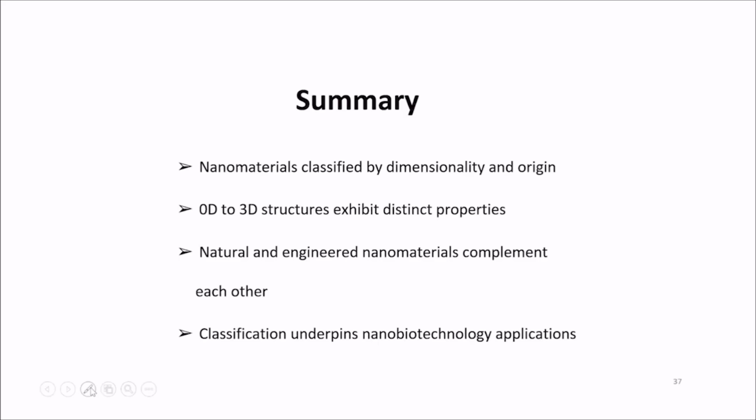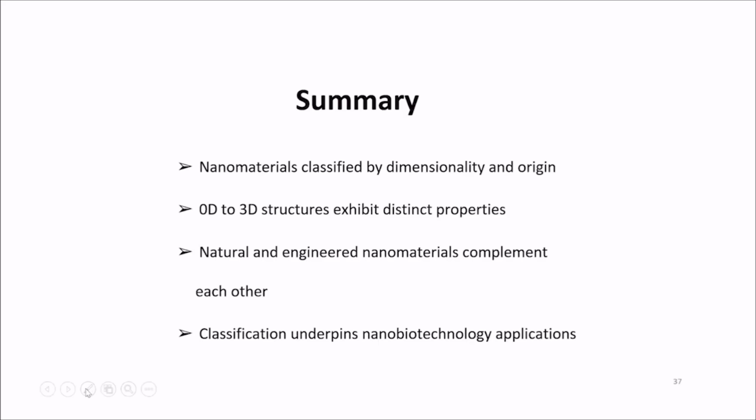As nanotechnology advances towards intelligent systems, theranostics, micro-nanorobotics and sustainable technologies, understanding nanomaterial classification becomes very essential for innovation and responsible development. In other words, the importance of classifying nanomaterials lies in creating a clear framework to understand and control their behavior at the nanoscale.